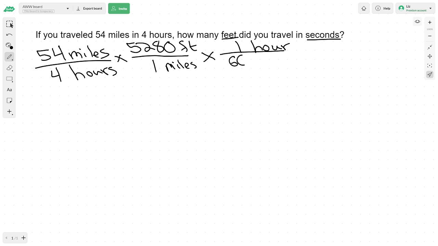So 1 hour is 60 minutes, and you can do it this way. And 1 minute is 60 seconds. Or if you multiply these together and you did 1 hour is 3,600 seconds, that would be fine too. And then you multiply all of the numbers on the top together.